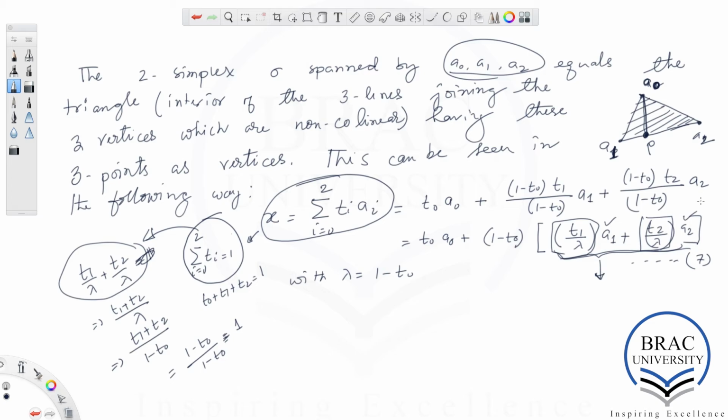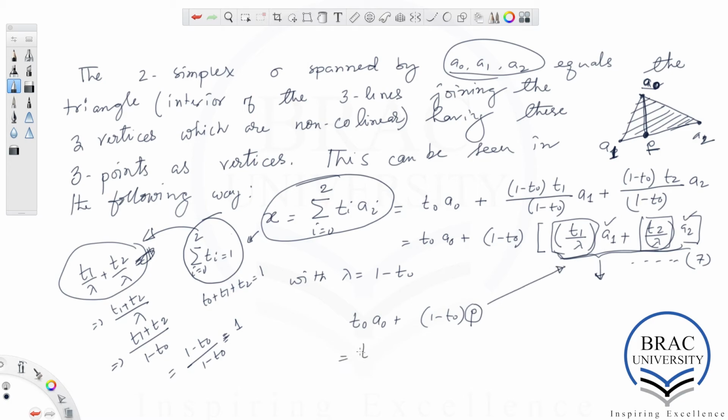Good. And now what about our point lying in the line segment joining these 2 points A0 and P? That has to be T0 A0 plus 1 minus T0 times P, and P is coordinatized by this expression, right?